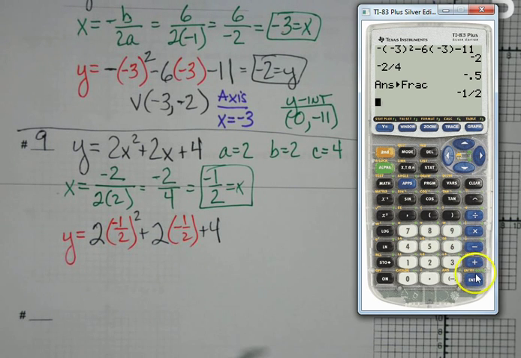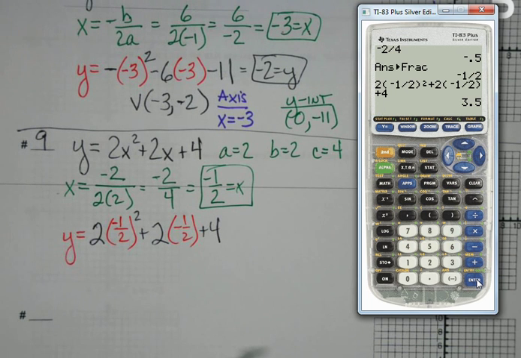Now, I wouldn't expect anybody to necessarily like playing with that without a calculator. I don't blame you at all. So, again, as long as I'm careful when I'm typing it in and don't forget a negative somewhere or something, this is doable.